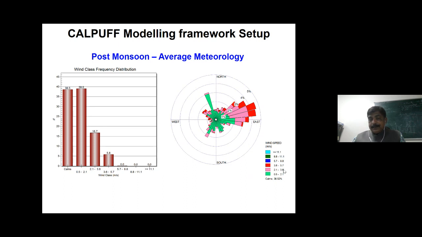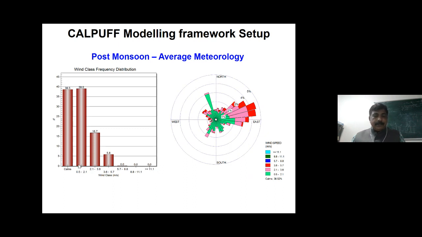Now you can also see the wind category, predominantly this pink color, 2.1 to 3.6 meters per second. This is the wind speed class. On the left side, this column chart explains the wind speed. Here you can see calm is 38.5%. Here also the same number is given in the lower part of this index, 38.52%. Here also, this is calm wind as per this classification.